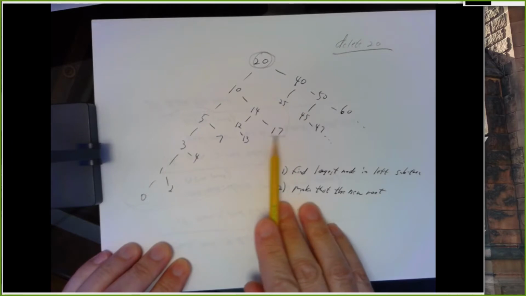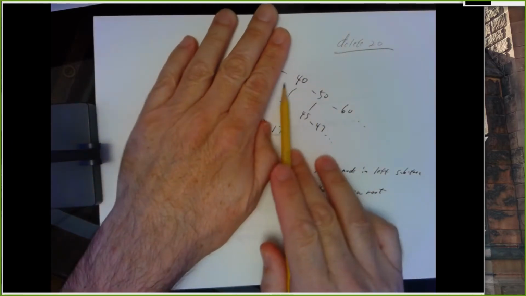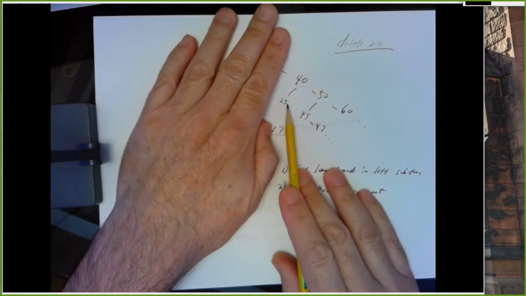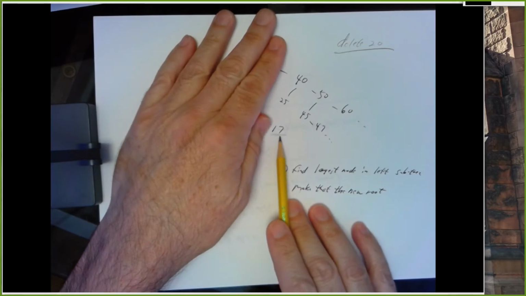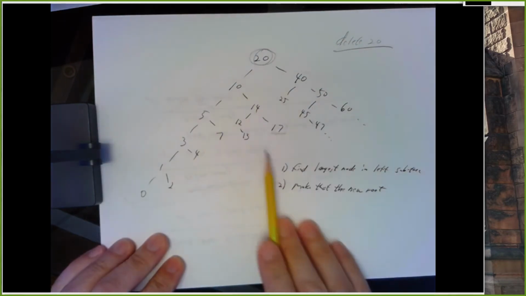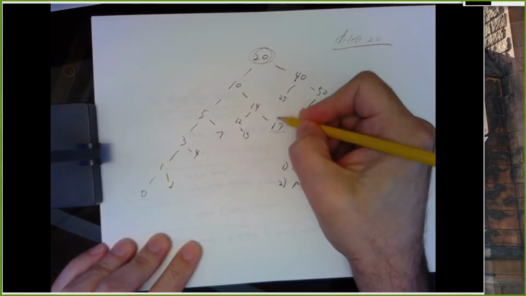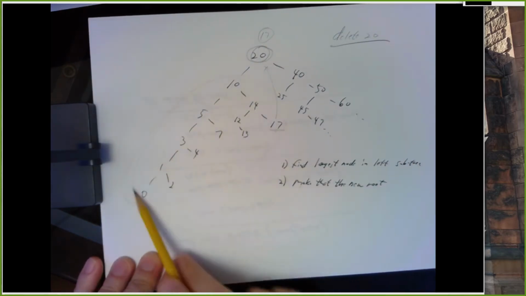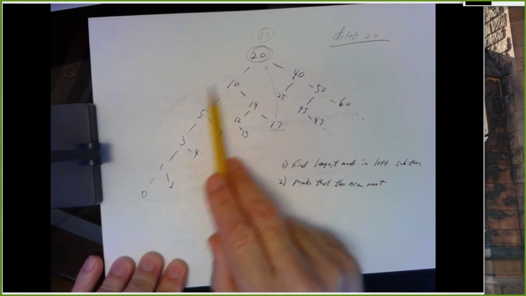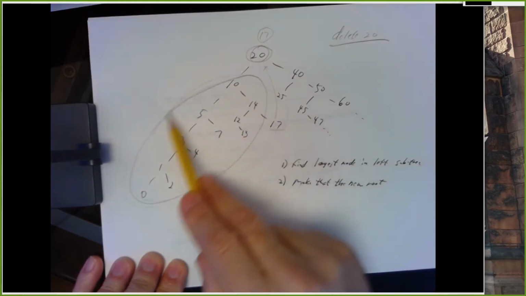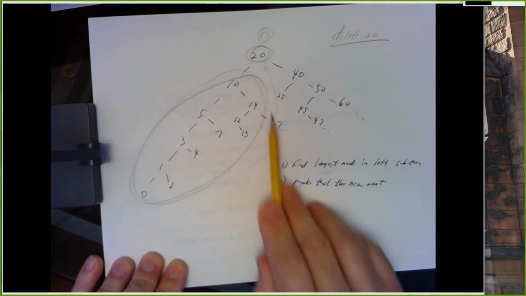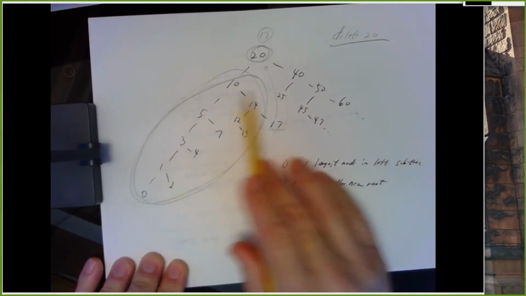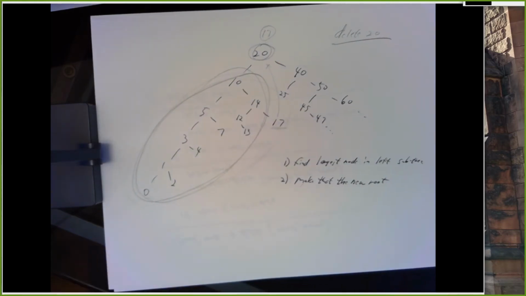Well, since this is coming from the left subtree, we already know everything that was to the right of the original root is going to be bigger than this, because this was in the left subtree of the root. But if we move this up here, since this is the largest node in this subtree, everything else in this subtree has got to be smaller than it. So when we put 17 up here, all this stuff will be smaller than the new root. It will still be a binary search tree.